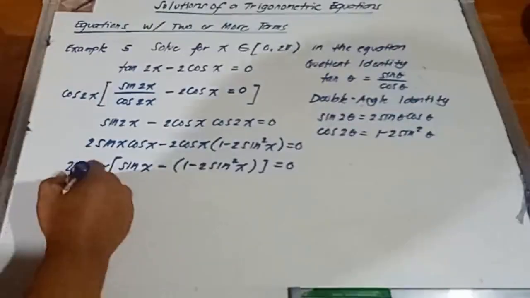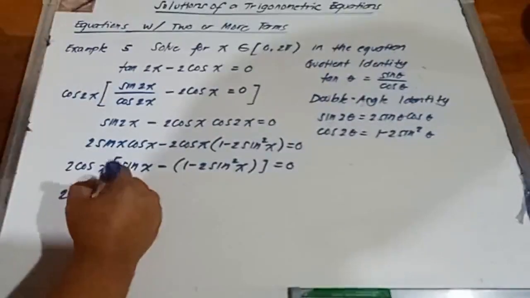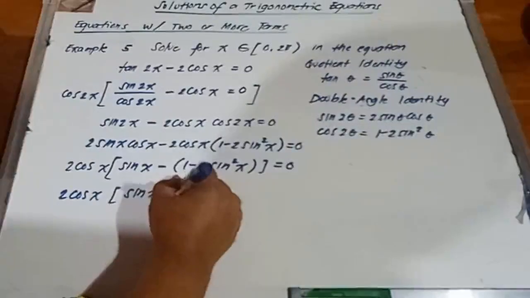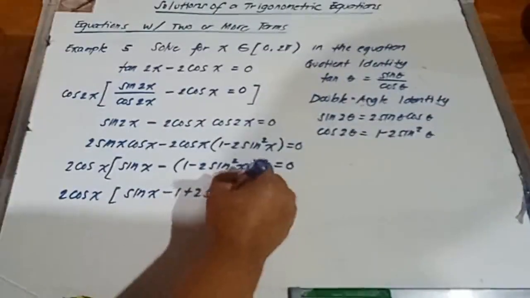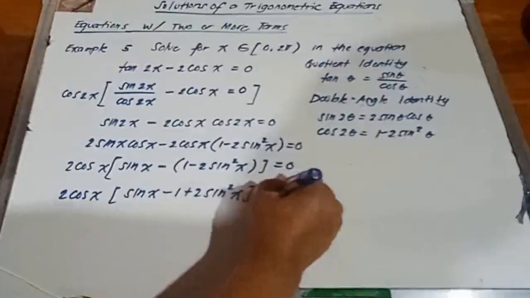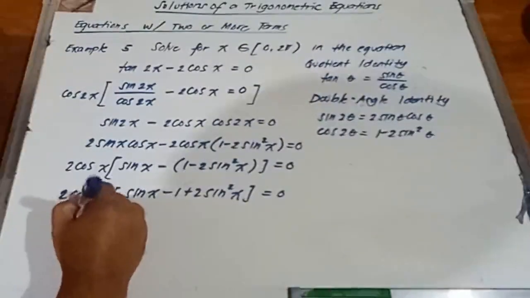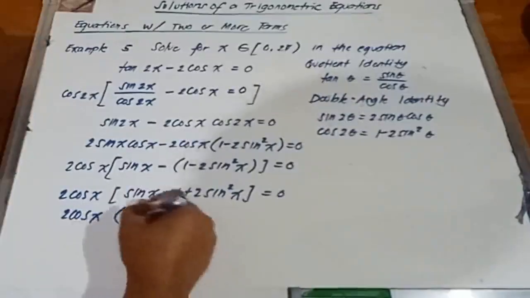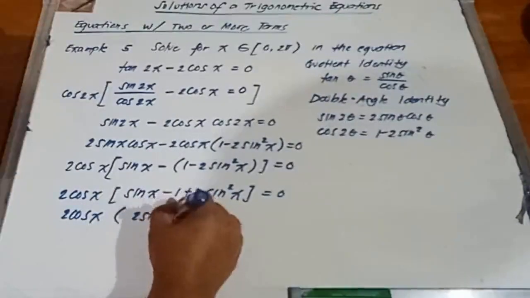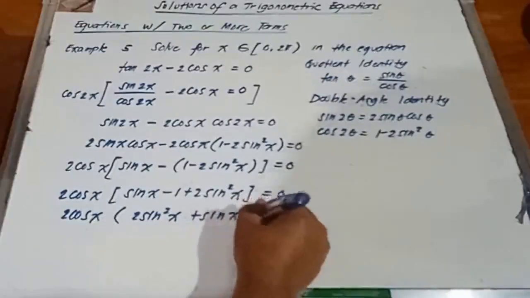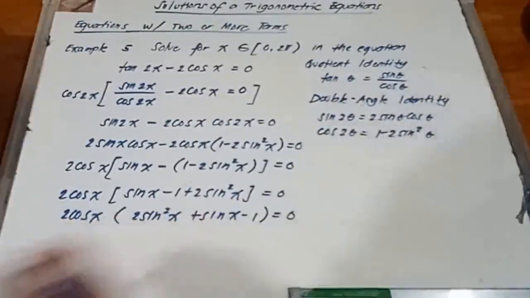Distribute natin negative sign, so we have 2 cosine x times sine x minus 1 plus 2 sine squared x equal to 0. Arrange natin yung terms. So we have 2 cosine x quantity, 2 sine squared x plus sine x minus 1. So 1 term na siya.